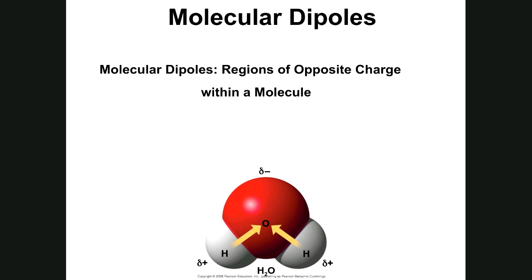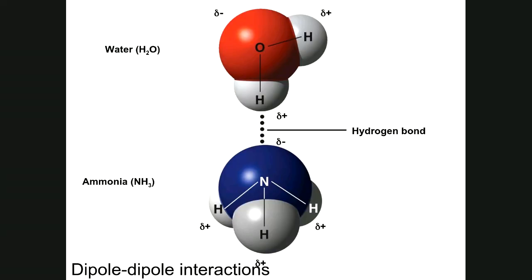This property will allow this molecule to interact with another molecule. Look at the ammonia molecule, NH3. Nitrogen is more electronegative. Its valence electrons are 5, and for each hydrogen only 1. Again, this also creates polarity. Remember what I told you at the beginning of this chapter, positive and negative attract each other?